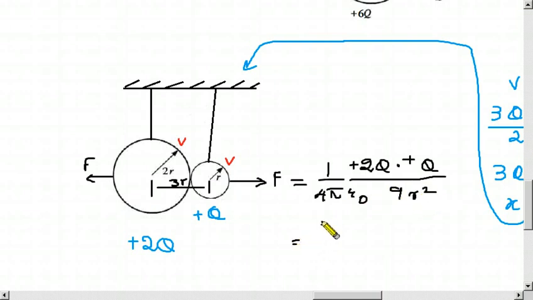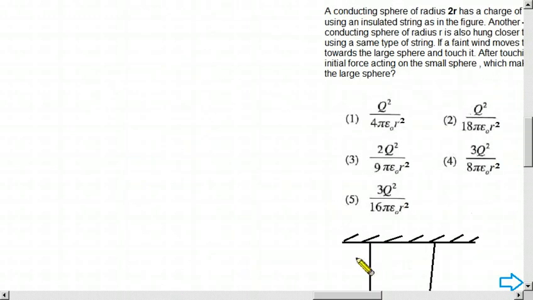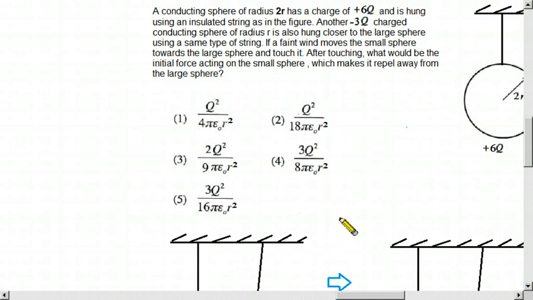So 2 cancel, 2 here, q squared, 9 times 2 is 18, pi epsilon naught r squared, 18 r squared, this one.